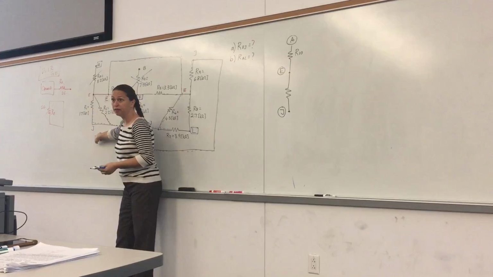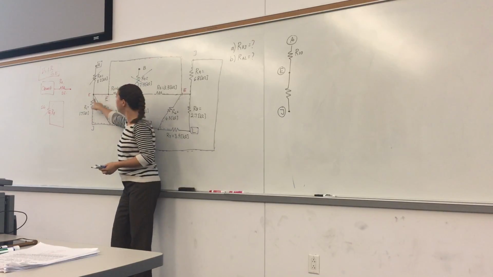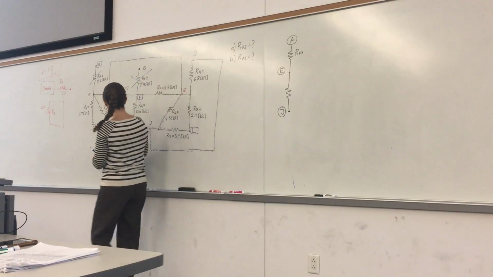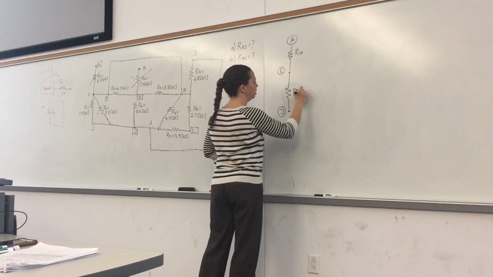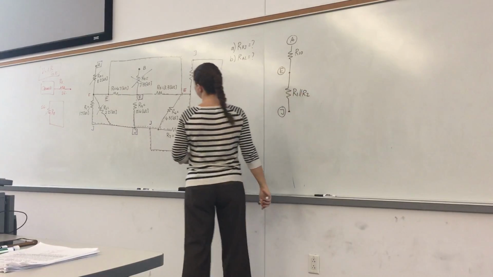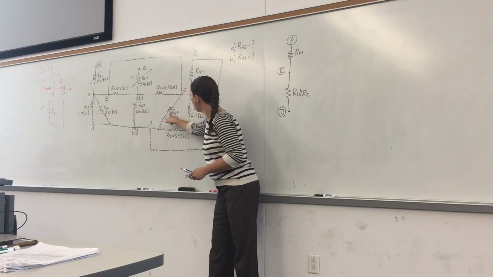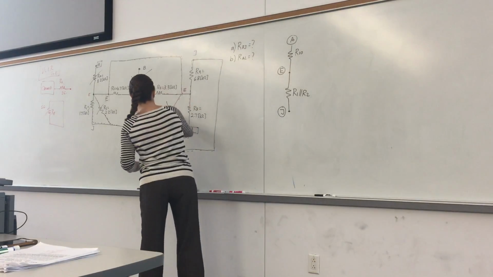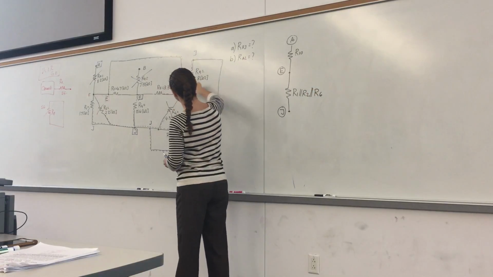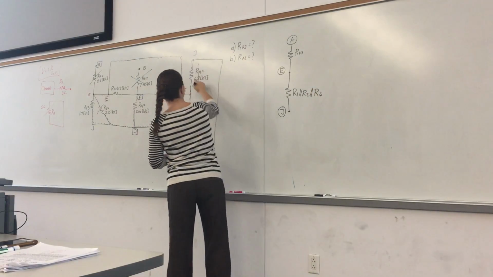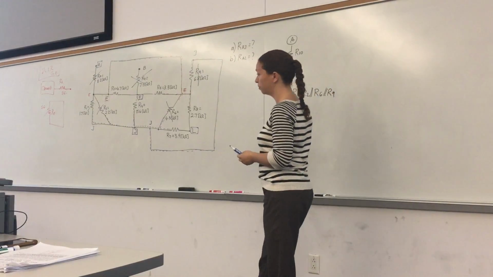R1 in parallel with R2. And R6. What else? E to J, also R6, right? And R9. E to J, R9. Okay?